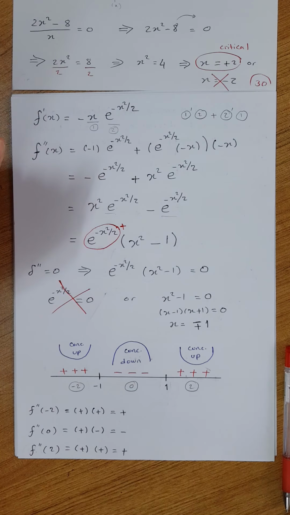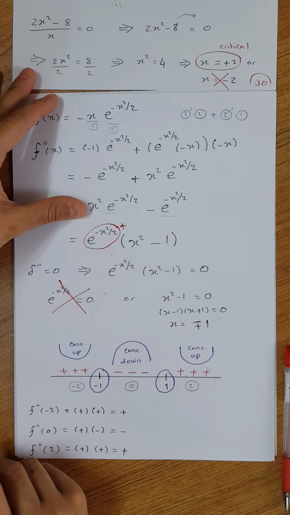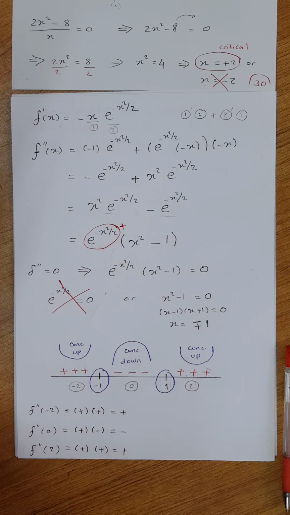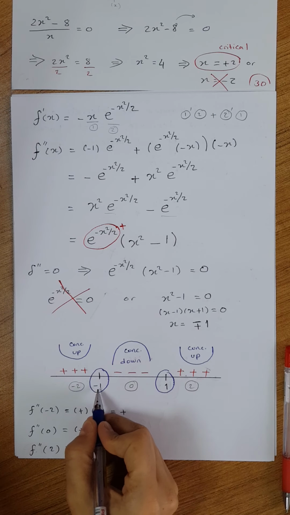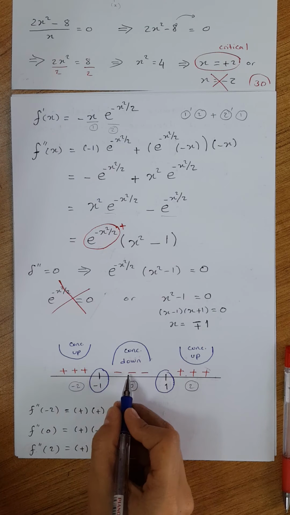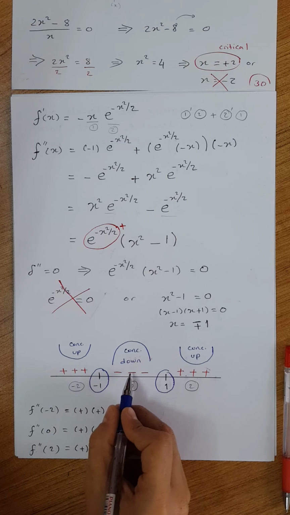Now we are searching for the inflection points. These two numbers that we have found may be inflection points or may not be inflection points. If you look at minus 1, from left to right, we are looking left and right.